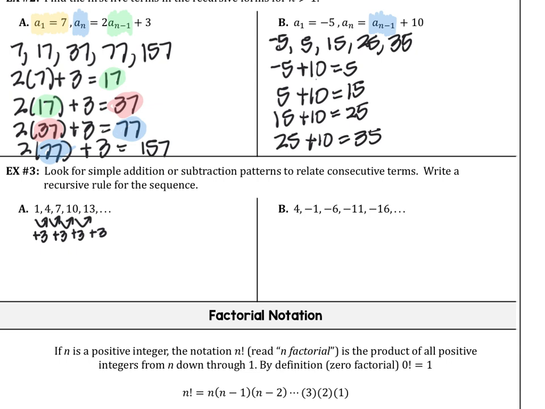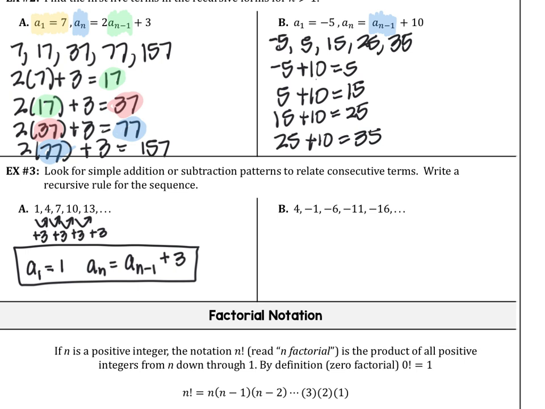So for a recursive form, you always have to say what the first term is. So the first term, a sub 1, is 1. And then a sub n, which means any other term, is found by taking the term in front of it, which is a sub n minus 1, and then adding 3. So this is our recursive rule for this particular sequence.